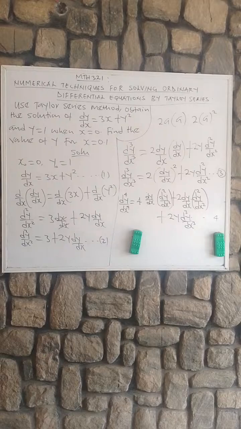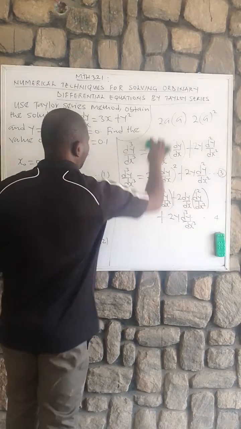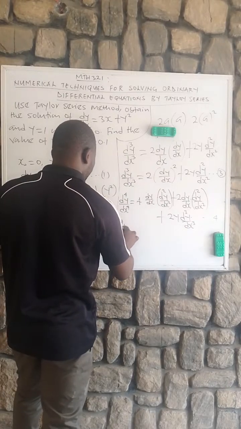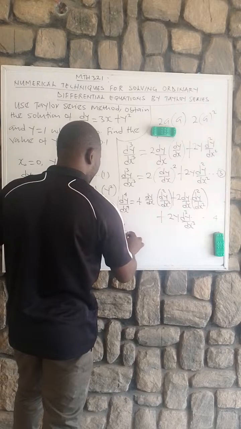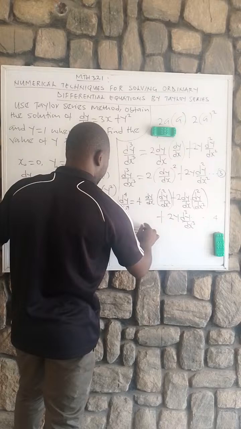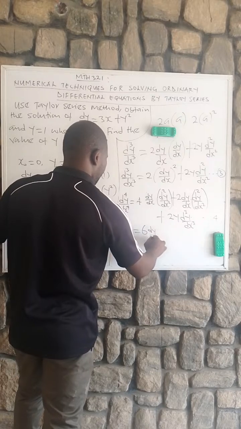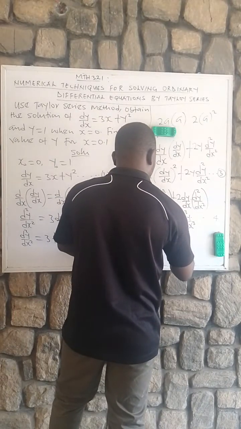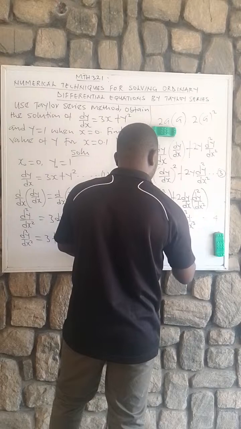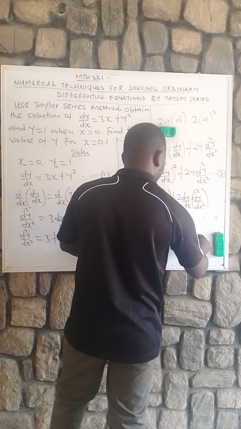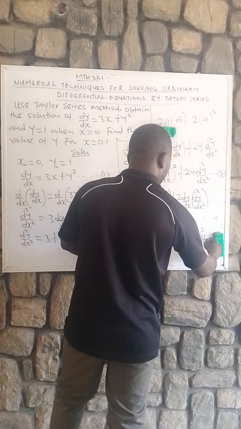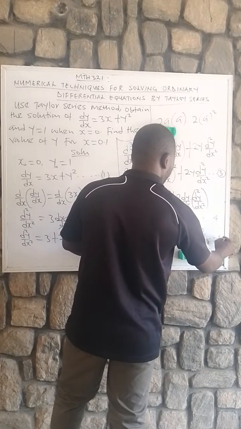We can add them up to give us d to the power 4 y over dx to the power 4 equals 6 dy over dx open bracket d squared y over dx squared, then plus 2y d cubed y over dx cubed. We can assume this one to be equation 5.